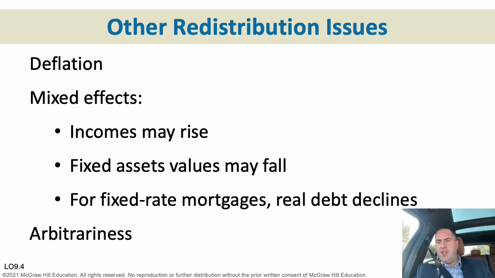In the past, deflation has been as much of a problem as inflation. So, for example, in the 1930s or even in the 2007-2008 financial crisis. Income may rise, but fixed assets fall in value. For fixed rate mortgages, real debt declines.